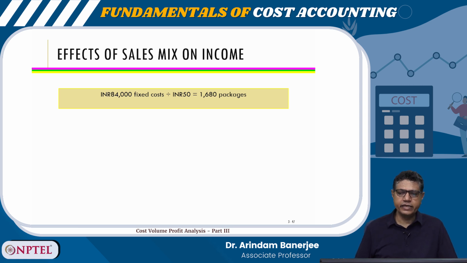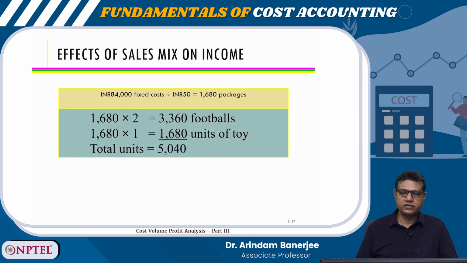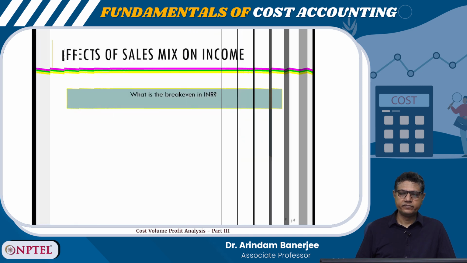It needs to sell 1680 packages to break even. So, how many units? 1680 into 2 is 3360 footballs, and 1680 into 1 is 1680 units of toy. So, total units is 5040.